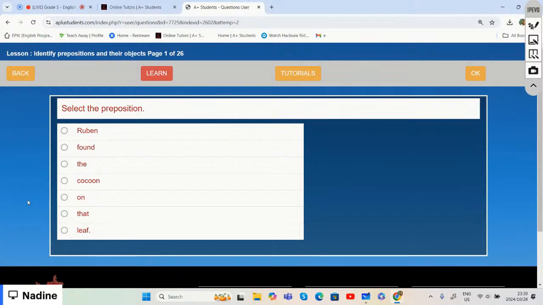We need to select the preposition within that sentence. Reuben found the cocoon on that leaf.